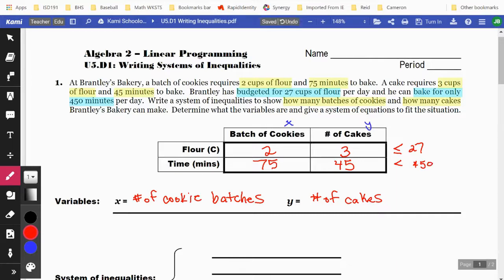It just means that he doesn't use it all. Or he could use all of the 450 minutes of baking time. What he can't do is use more than that. So we're going to use less than or equal to 450 as our constraint.